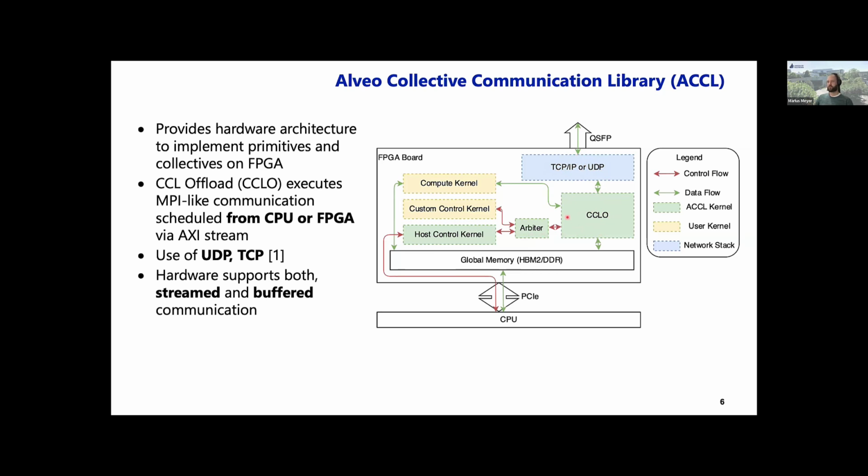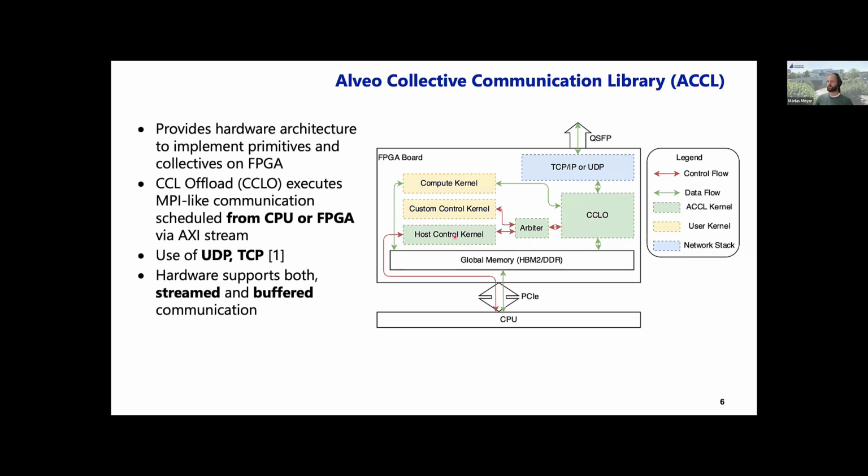The CCLO has to be scheduled, so the commands like send, receive, or broadcast collectives have to be scheduled at the CCLO via an ACCL stream, and this is done either through a host control kernel, which is provided by the ACCL tool flow.